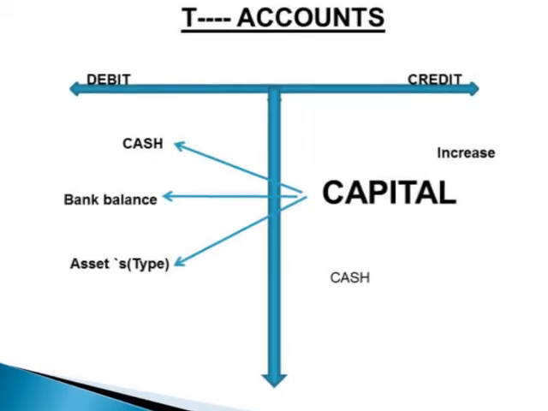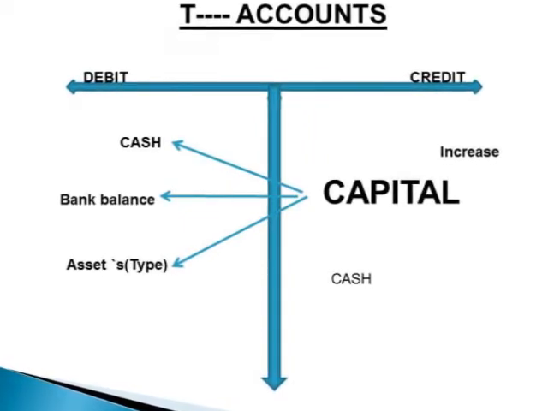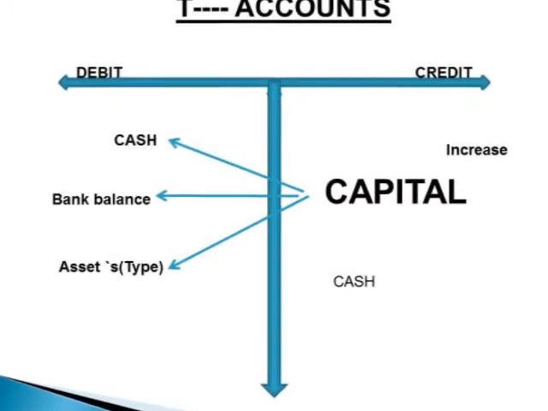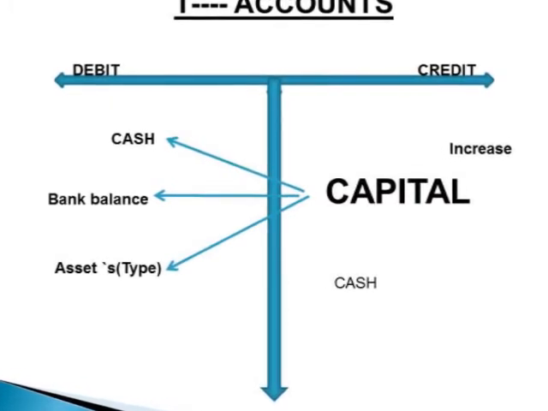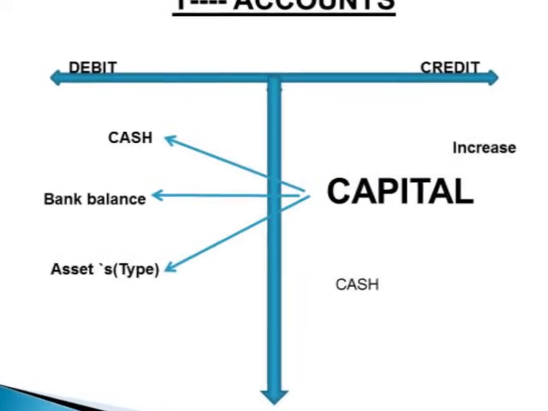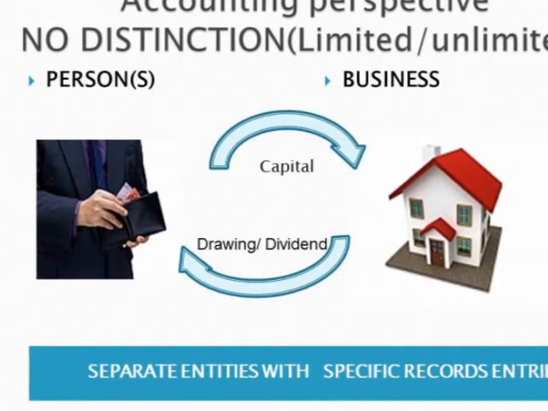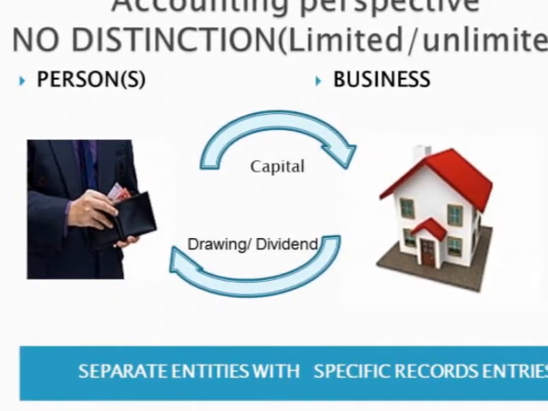Same goes with increases in capital, say the owner pops in cash, there will be a credit entry in the capital T account and an equal debit entry in the cash T account, or the business bank account if it is a deposit made directly in the bank.